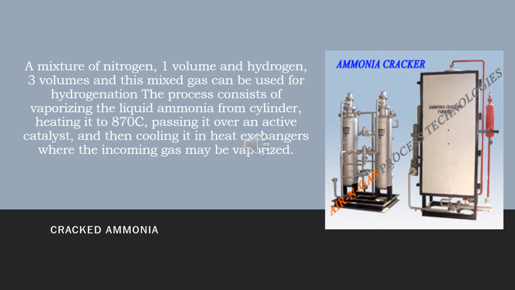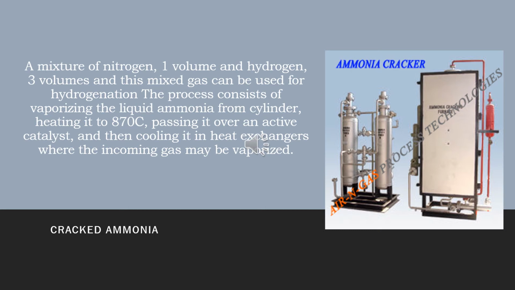So we have here the cracked ammonia. This is a mixture of nitrogen, 1 volume, and hydrogen, 3 volumes, which may be prepared from the cracking or dissociation of ammonia. This mixed gas can be used for hydrogenation because the nitrogen is inert.